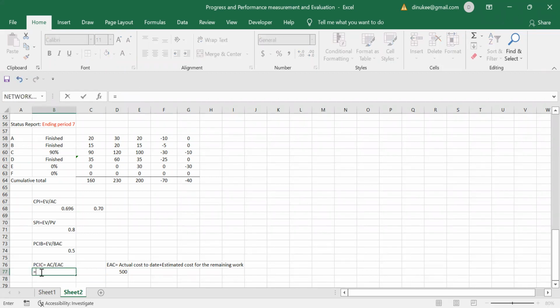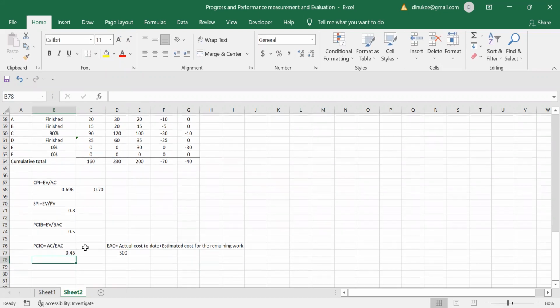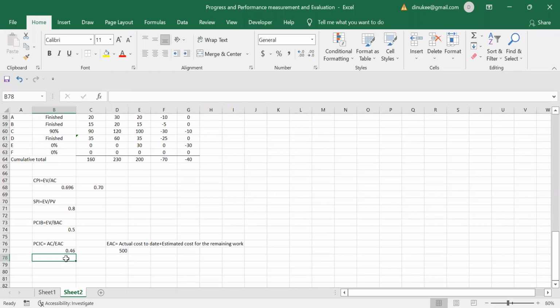And PCIC can be calculated by getting actual cost. Actual cost is 230, divided by the EAC. So what is the indication? 0.46. That means, actually we are going to spend 500 rupees for this project.